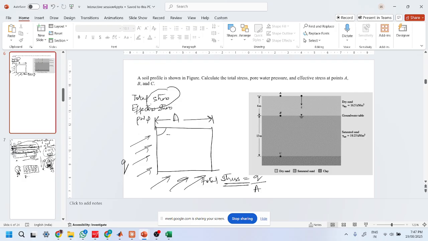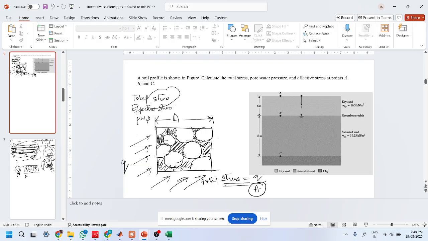Now, because this is a particular material, it will have particles. So at any cross-section, what you can see is that this area is actually different than the area of the solid particle. So what about these pores?